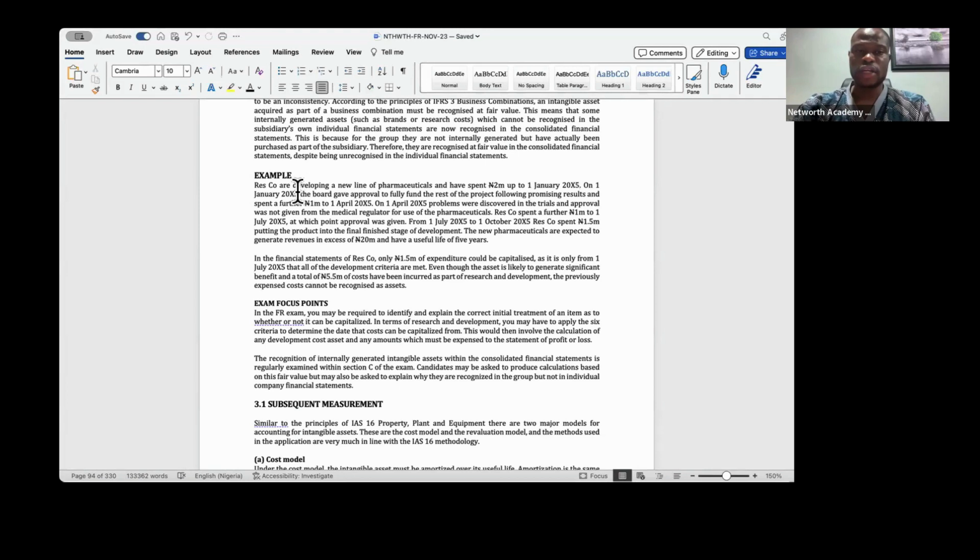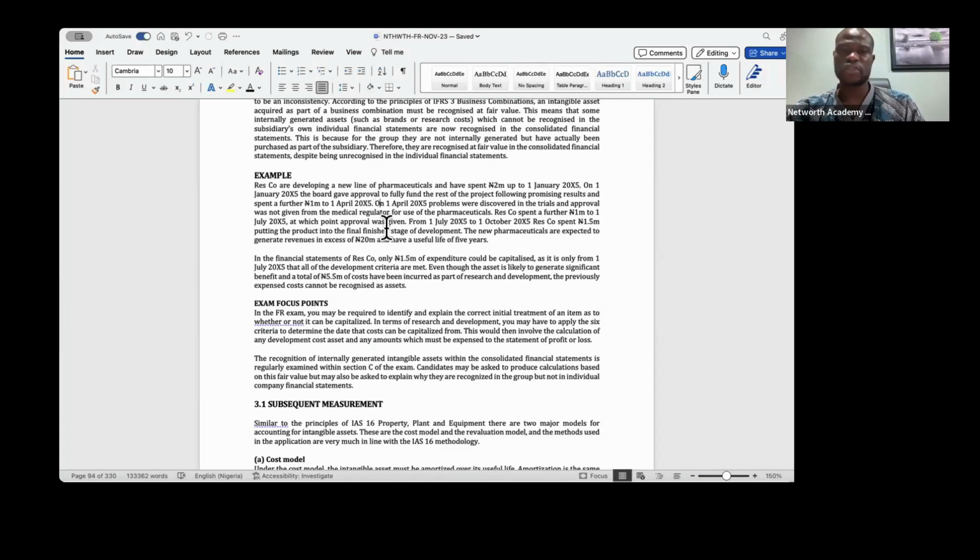They now said on 1st January 2005, the board gave approval to fund the rest of the project, following promising results, and they spent a further 1 million to 1st April 2005.